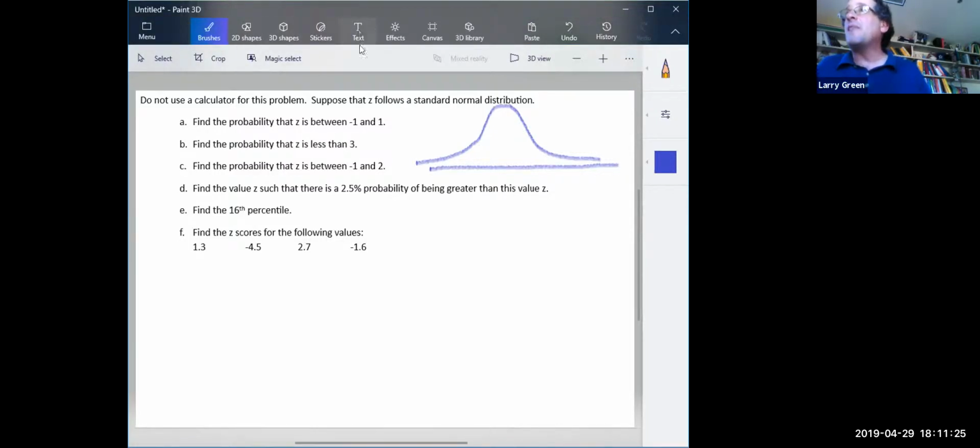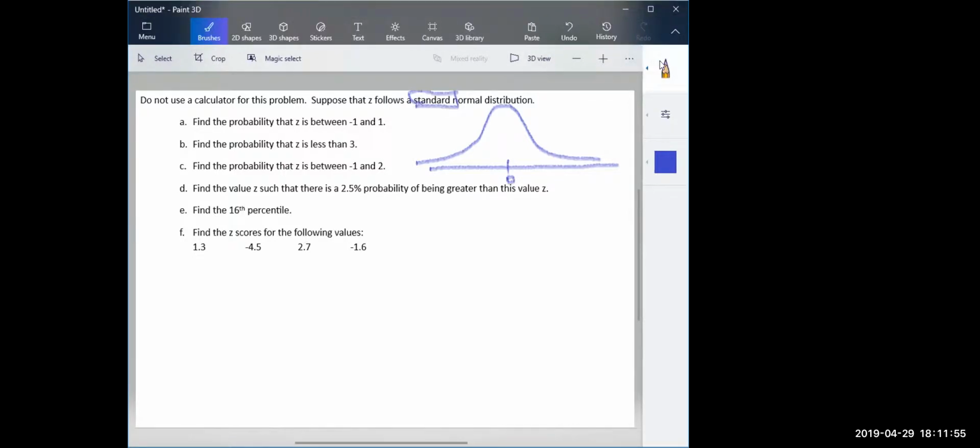One main thing about it, and this has to do with the word standard. When we're looking at the standard normal distribution, then the mean is always at 0. Okay? Turns out if you're looking at a general normal distribution, the mean could be anything. But for standard, the mean is 0. And the standard deviation is 1. Okay? And the way you write that, let me write this.